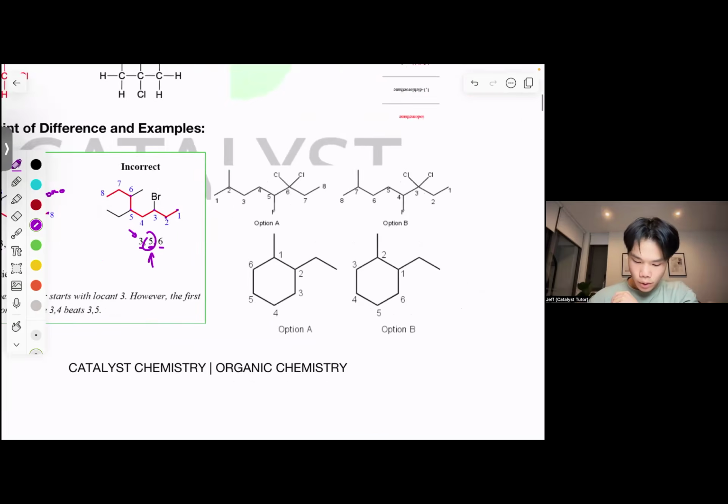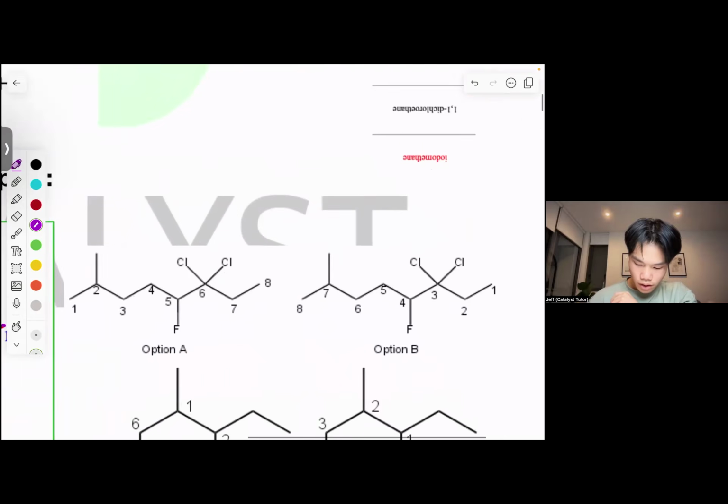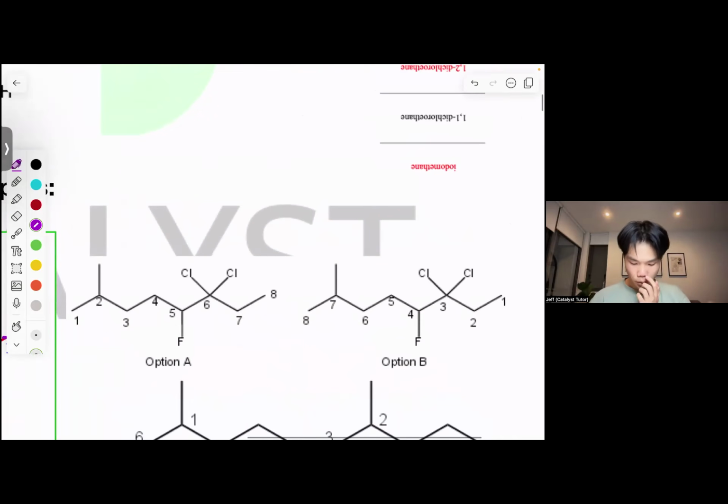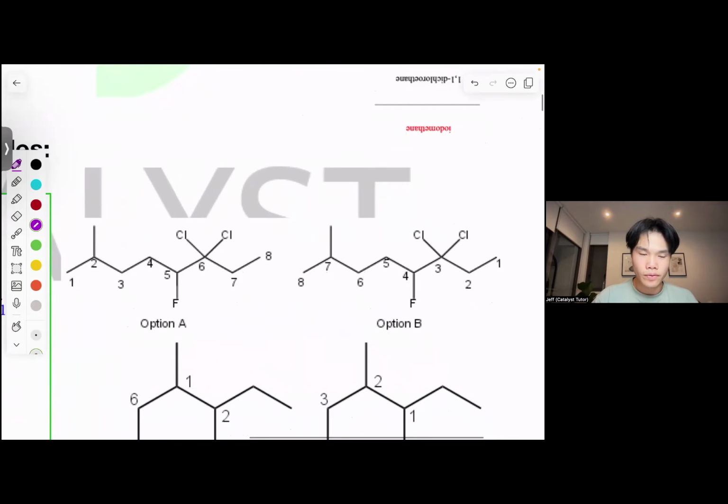So looking at these other ones, look at option A and option B for the top two. Which has a better priority? Which is the correct priority? A or B?